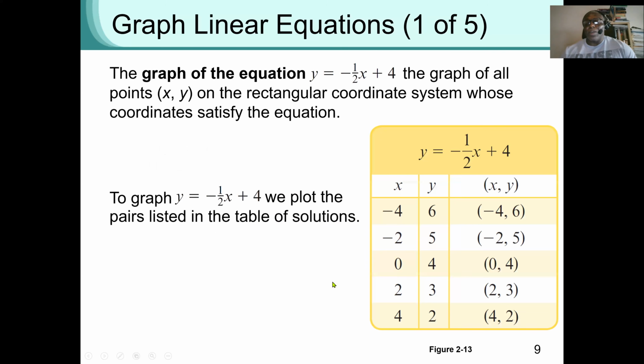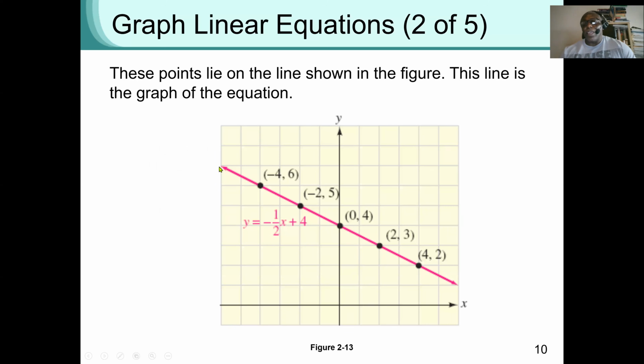In our example here, we have 5 pairs. Even if I have 10 pairs of points, it will be the same straight line. That's why we're saying all we need is 2 points. When you get 2 points of a straight line, just draw a straight line through it. A quicker way to graph a linear equation.